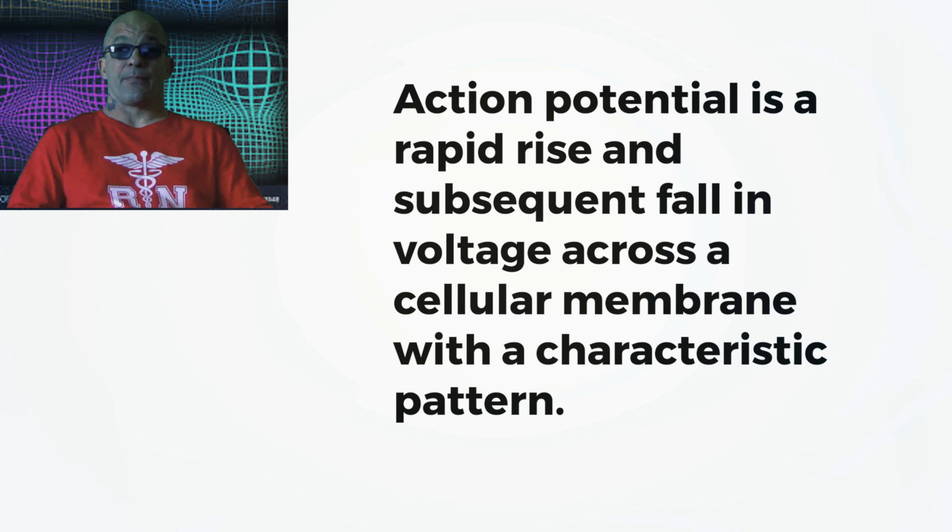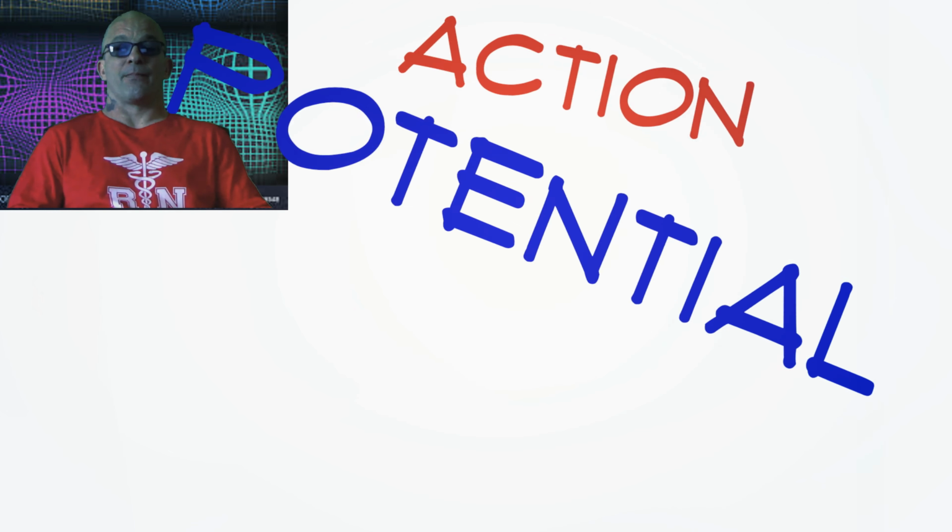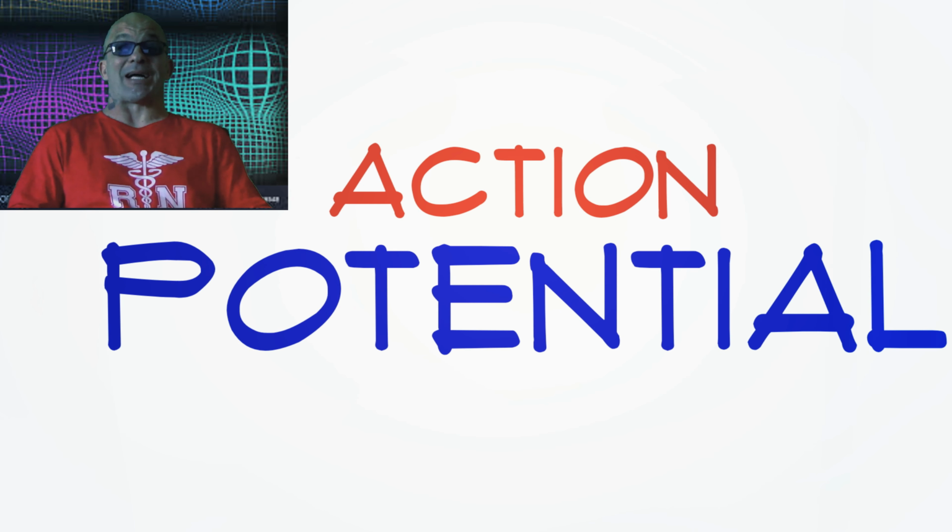We will start with action potential. Action potential is a rapid rise and subsequent fall in voltage across the cellular membrane with a characteristic pattern. When we discuss action potential here, we are discussing how certain cells in the heart are affected.